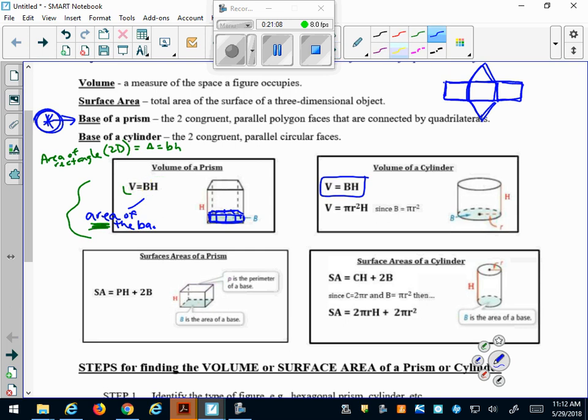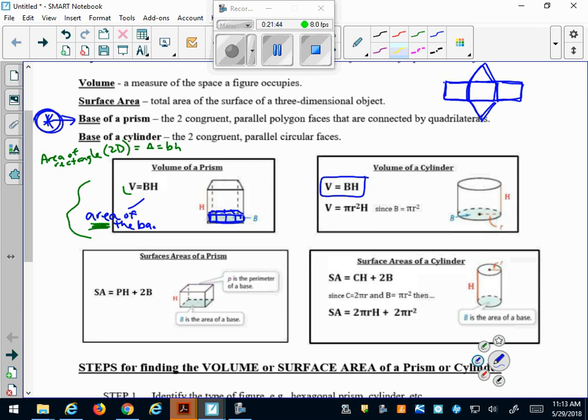What if the base is a triangle? How do you find the area of the triangle? 1/2 base times height. What if the base is a regular hexagon? What's the area for that? For that one? 1/2 AP, apothem times perimeter. Remember that? Okay. What if the base is a trapezoid?